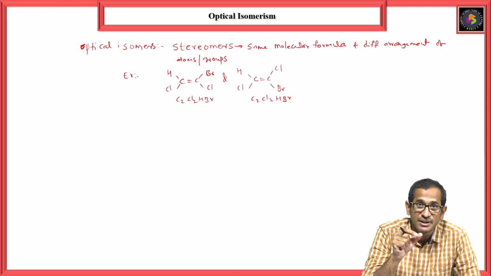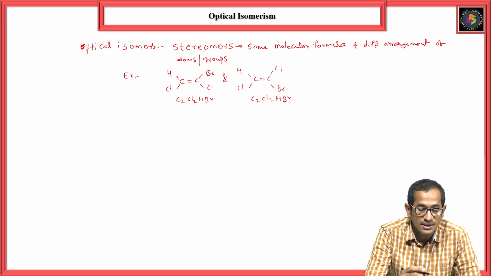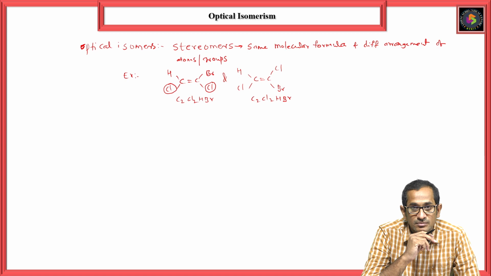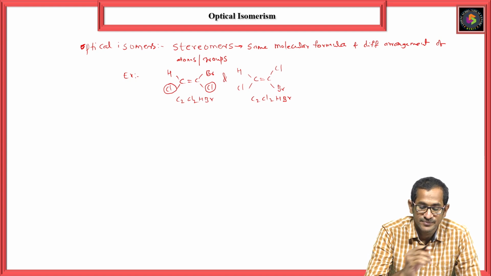But what is the difference? We already discussed that stereoisomers have the same molecular formula but differ in the arrangement of atoms. In the first structure, see the arrangement of atoms: the chlorine on the first carbon and the chlorine on the second carbon are on the same side of the carbon-carbon double bond in compound 1.